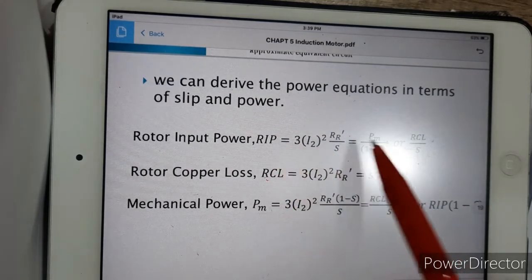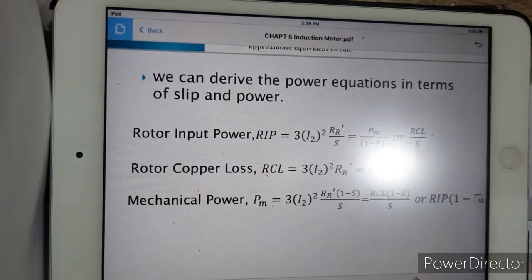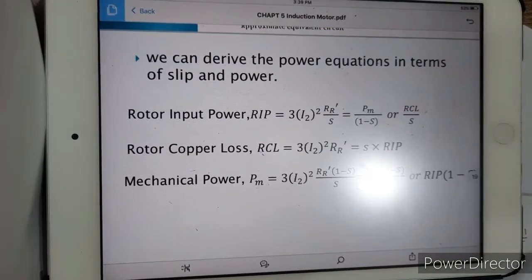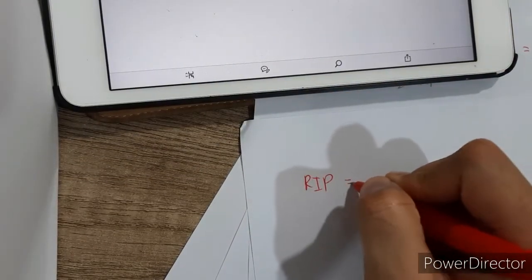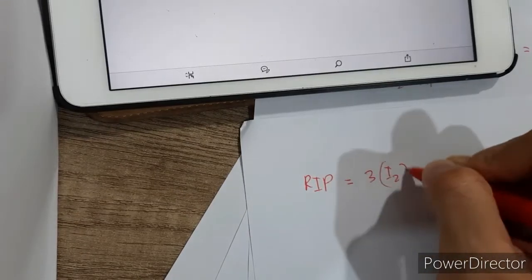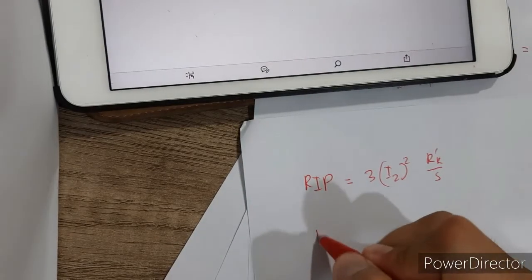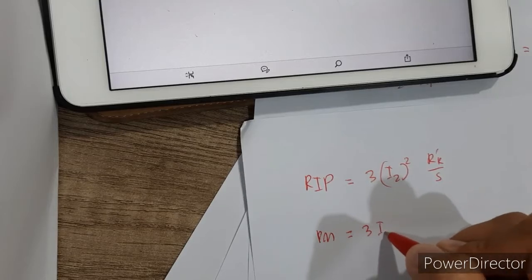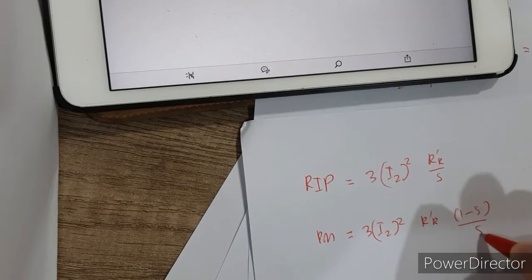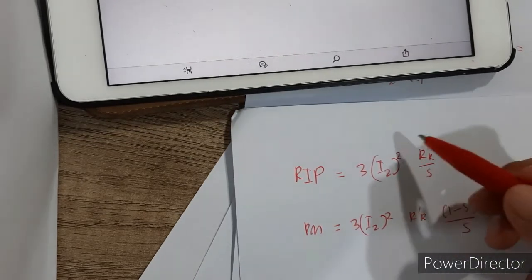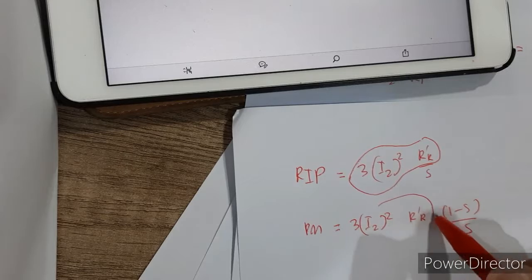So RIP equals PM over 1 minus S, or RCL over S. For example, RIP is 3 I2 squared R prime R over S, and then PM is 3 I2 squared R prime R, 1 minus S over S. If you compare here, this one is equal to this one.